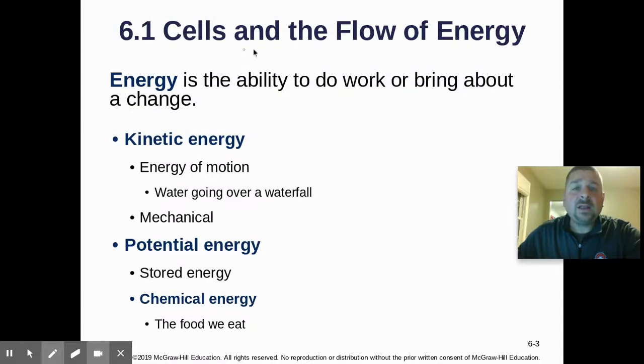Okay, section 1 is keyed in on this part right here. If you remember back to the beginning of Bio 2 last year, in chapter 35 we have a big discussion about energy and ecosystems. Remember, energy is the ability to do work or bring about change.